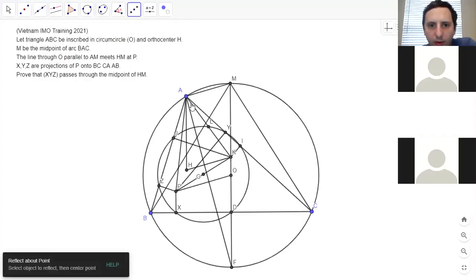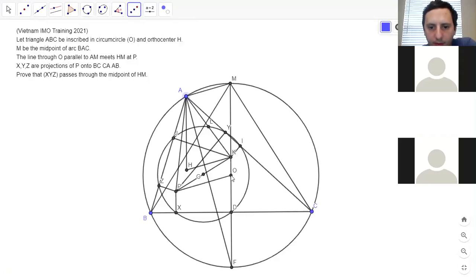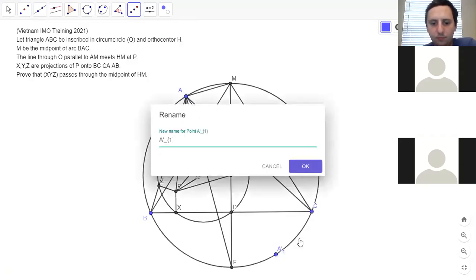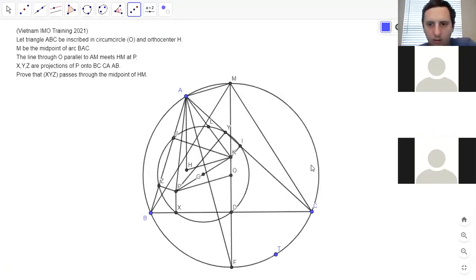Reflect. Okay, so let's call the antipode of A T. So we have POT. MAH is similar to POT. So you have a couple properties.